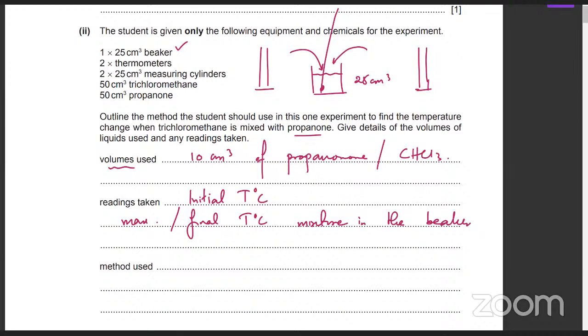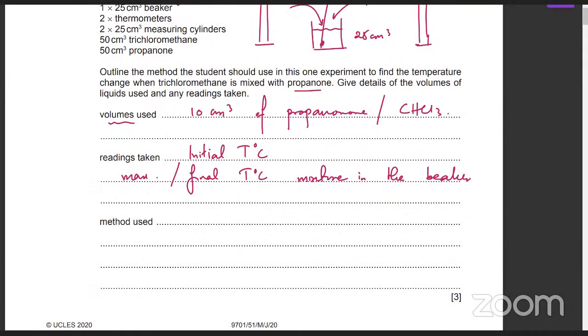And then he says method used. What is the method that's used? I don't think we can time it, because I don't think they've given us a stopwatch. So give details of the volume used, and I guess that's it.